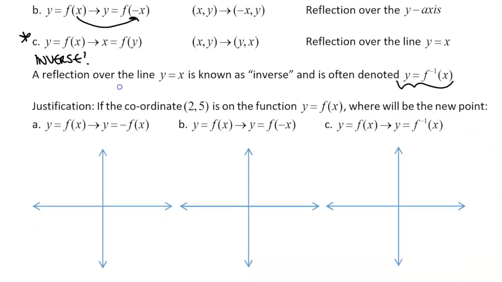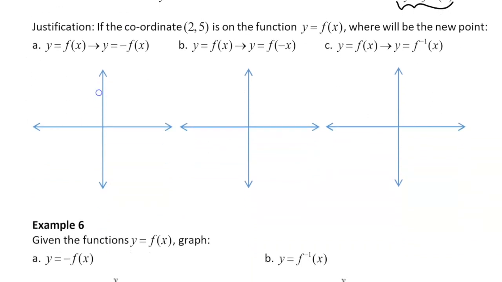So if you want to take a look at why that's the case, if we pick a random point, in this case the point 2, 5, and we ask what happens when you have a negative in front of your function. Well, that means the point 2, 5 is now going to flip upside down.